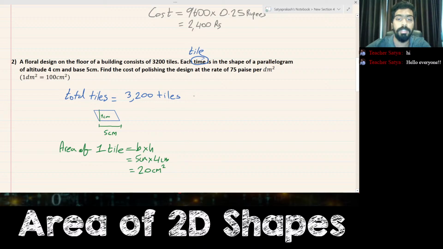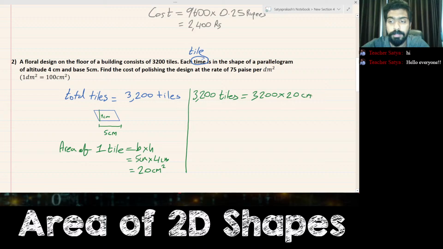Now there are totally 3,200 tiles, so 3,200 tiles will be 3,200 multiplied by 20 centimeter square. So we should get an area of 64,000 centimeter square, right guys?